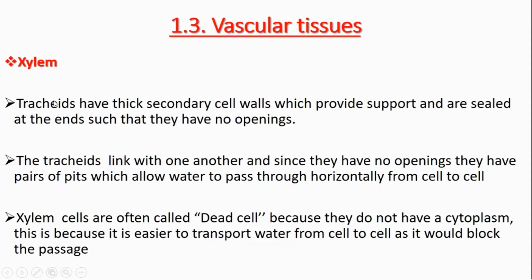Then the xylem tracheids have thick secondary walls which provide support and are sealed at the ends, such that they have no openings. The tracheids link with one another, and since they have no openings, they have pairs of pits which allow the water to pass through horizontally from cell to cell. The xylem cells are often called dead cells because they do not have cytoplasm.